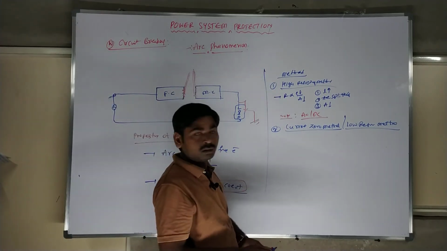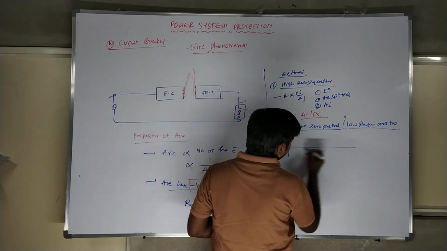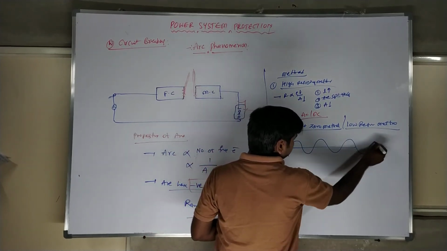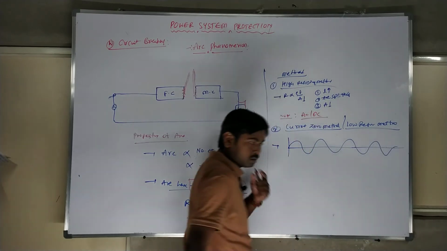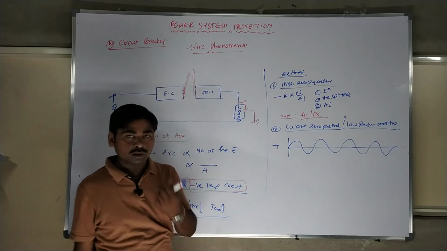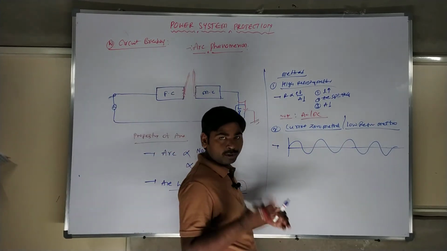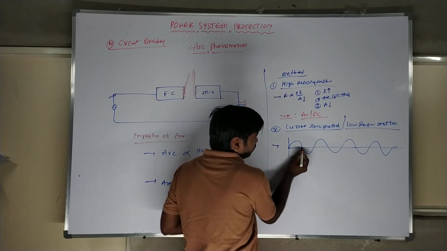Next, the low resistance method or current zero method. How do things go on? Generally, a sinusoidal power supply is there. When a fault occurs, we have to open the circuit breaker at the current zero points.